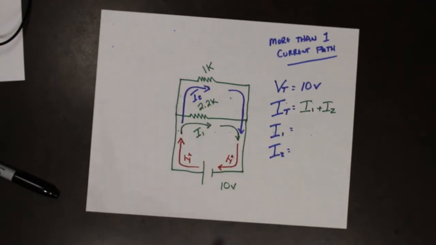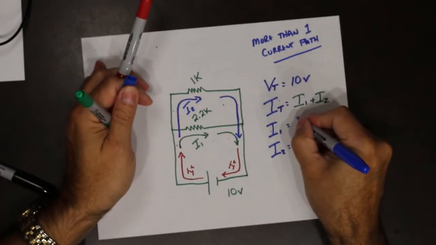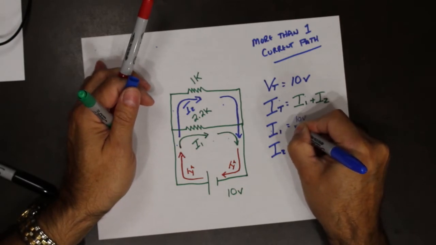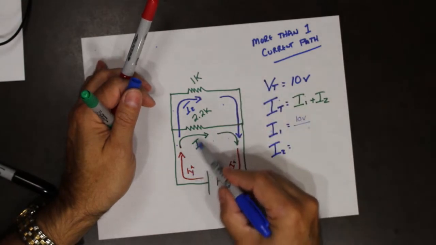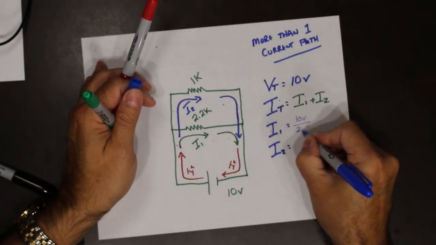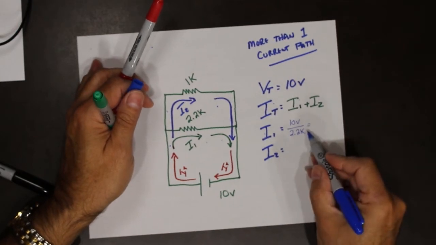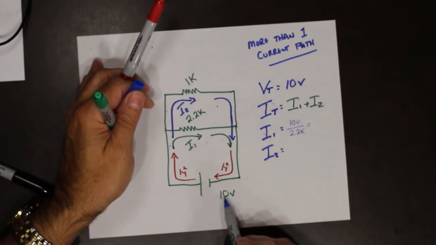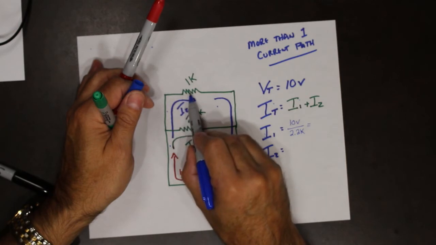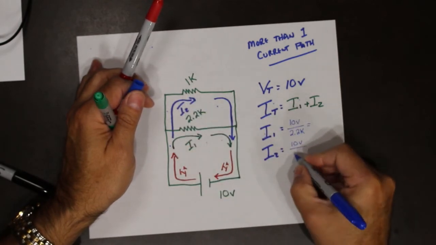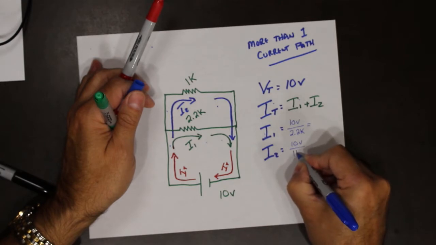Ohm's law tells us that if we have a voltage, so 10 volts, divided by the resistance 2.2K, we would get a current. Same thing here. Voltage across that resistor, 10 volts divided by 1K.